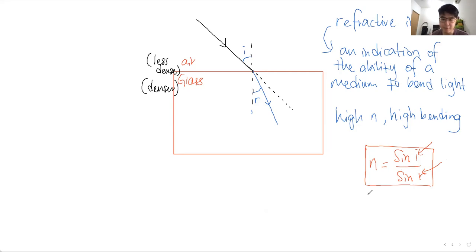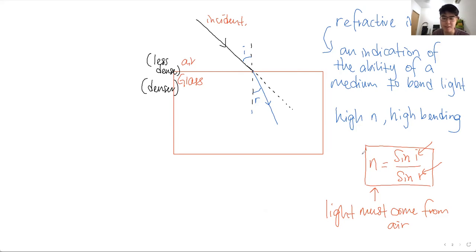Now be careful. When we use this formula, there is a condition. The condition is that the light must come from air, meaning that the first medium must be air. Just like this example here, this is the incident ray, the first medium is air and it enters glass.